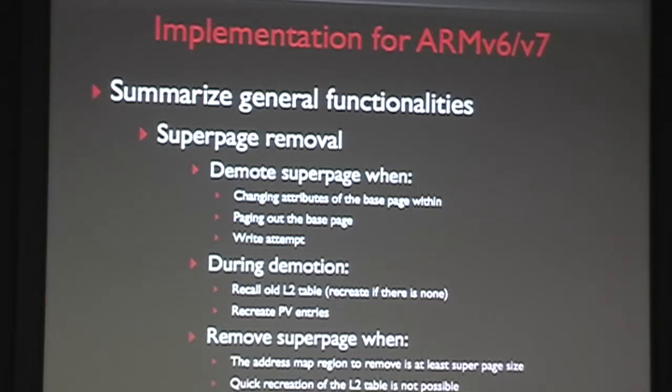And we demote a superpage when we want to change attributes of the base pages within, or we need to page out one of the base pages or all of the base pages within, or we try to write to a read-only superpage, and this is the case that I was talking about earlier when we map a superpage read-only.